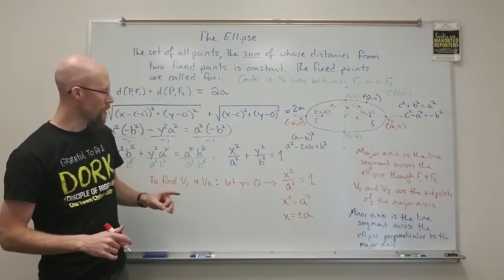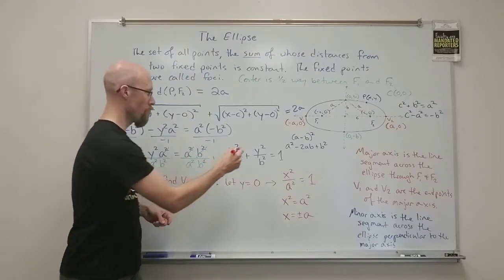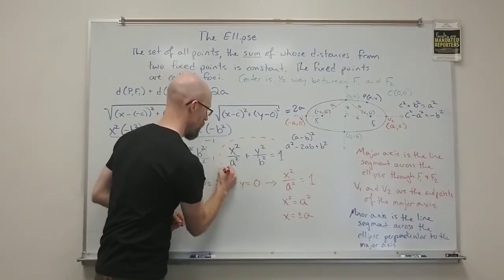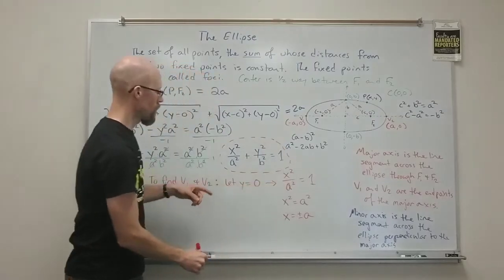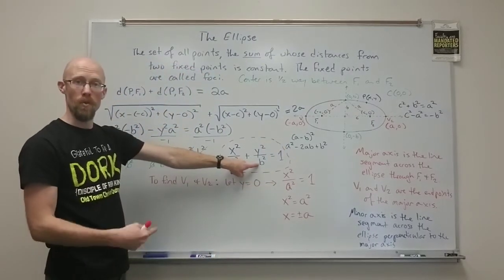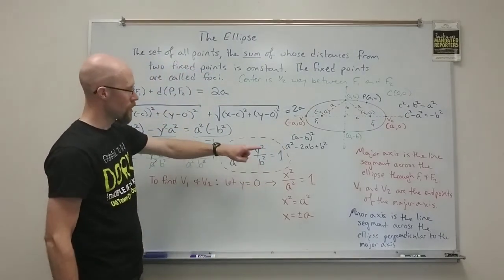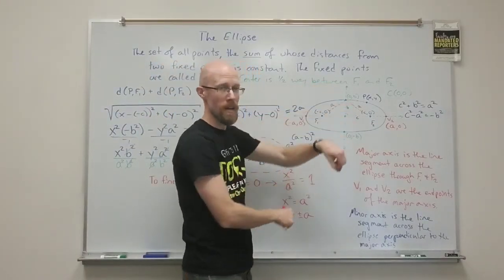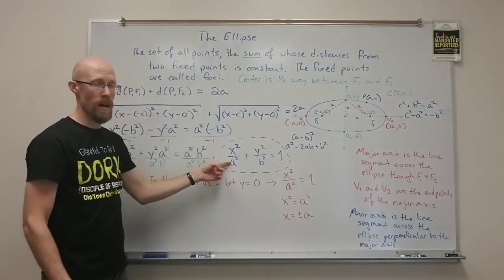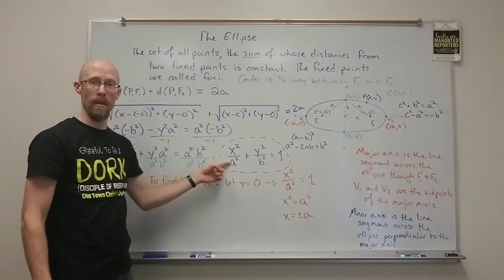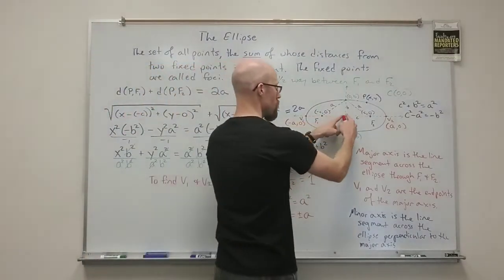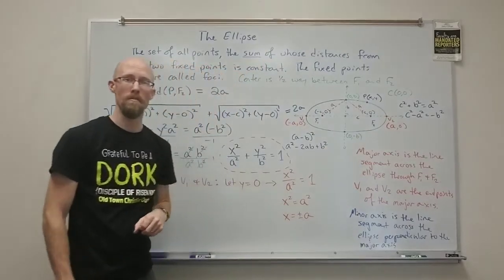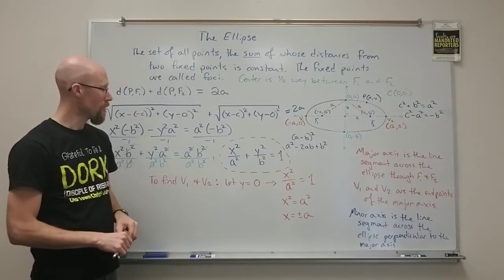And what happens then is that in our formula, really like this formula, the b value, the square root of the denominator, gives you half the length of the minor axis. The a value, which is the square root of the denominator on x, gives you half of the distance of the major axis, okay?